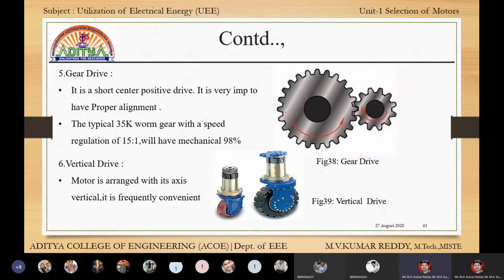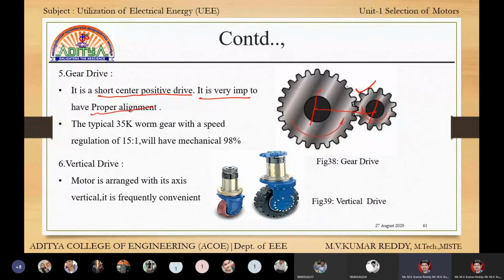Next, gear drive. It is directly connected, like a mechanical coupling. It is the short center positive drive. Short center means the distance between two centers is very small compared to other drives. It is very important to have proper alignment.